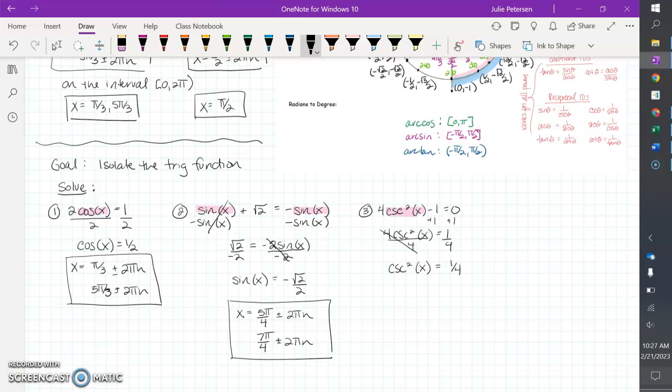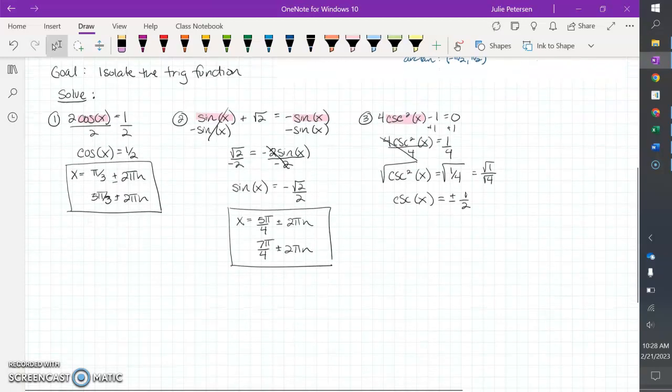So I'm going to go ahead and square root this. And I'm going to say that the cosecant of x equals plus or minus. Now the square root of 1/4 is the same thing as taking the square root of 1 and the square root of 4 separately. So the square root of 1 is 1 and the square root of 4 is 2. So we're good to go there.